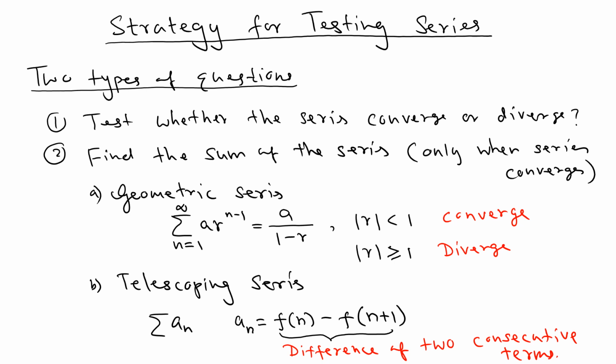In this case, we can also find the sum. So let's see how we can do it. What we notice is that we have a sequence where the nth term can be written as a difference of two functions.